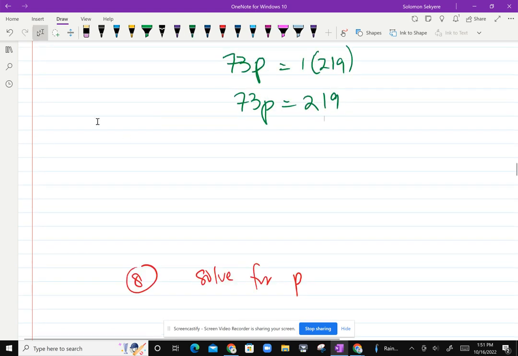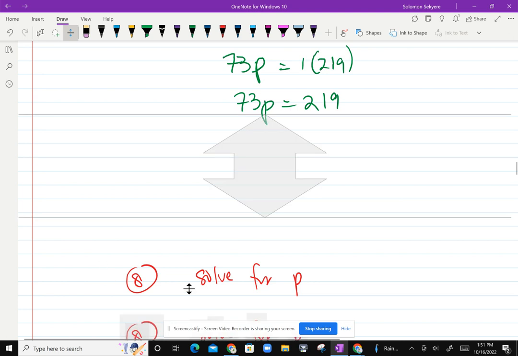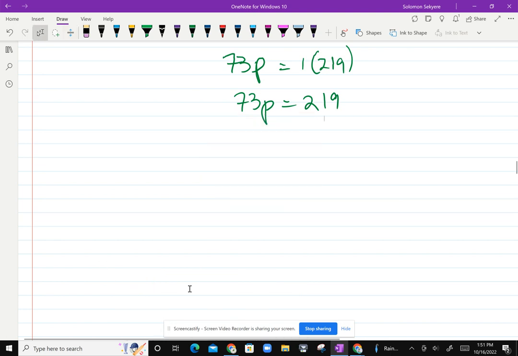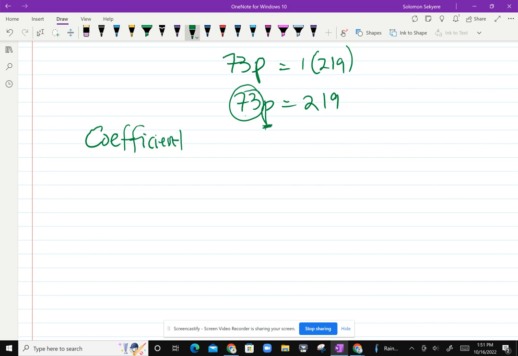How do we find what my P is? You see the number multiplying your P. Your P is your variable. What do you call the number multiplying your variable? It's called the coefficient. Write it down somewhere and commit to memory. How do we find a variable? We divide both sides by the coefficient.